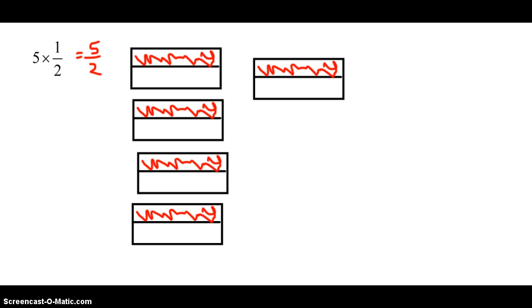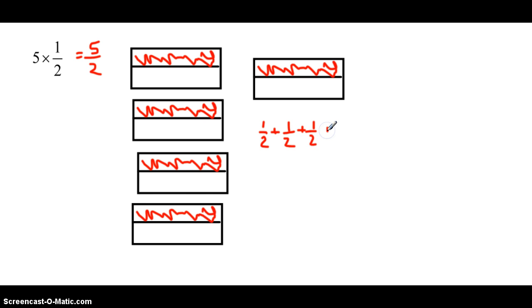I'd also want to consolidate this and remind students that multiplication is an example of repeated addition. So I've got a half plus a half plus a half plus a half plus a half, 5 times. And so we're slowly building in the idea of adding and subtracting fractions, which is nice, because then they get this idea of why we don't add the denominators together and we don't get 5/10.